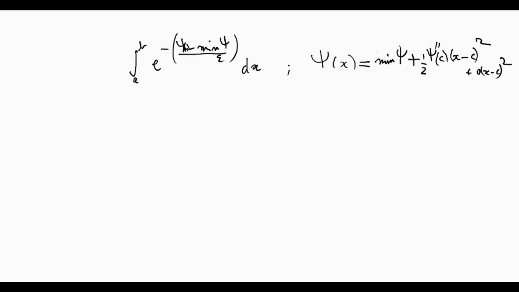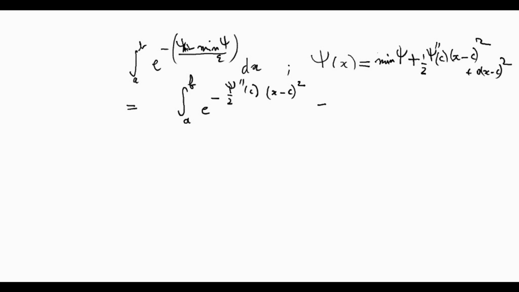Then what we should do is just to replace. So we can always write now this quantity as, so I will write it formally as integration from a to b of exponential of minus 1/2 of psi second of c of x minus c squared plus, so we can always write this, let's say, in the neighborhood of c.